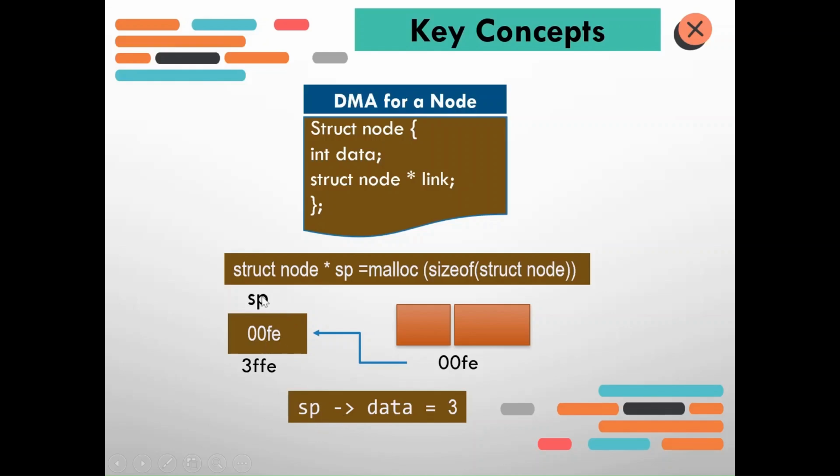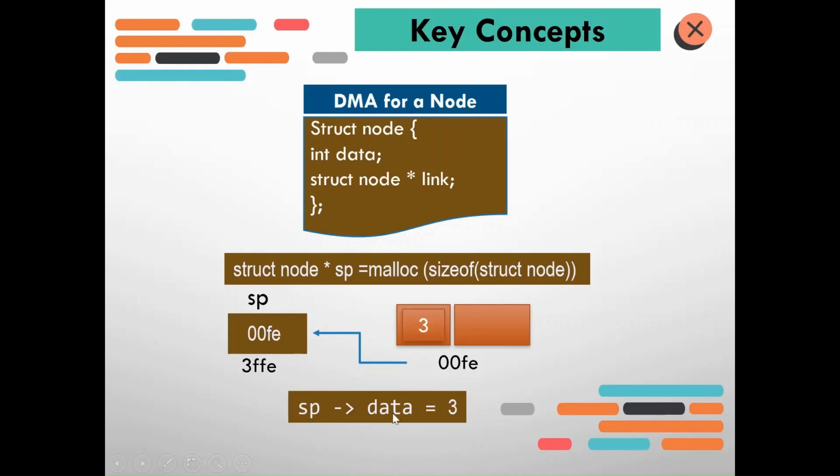Just like when we say A and we store 10 here, then we print A, it prints the contents of that A cell, which would be 10 in this example. Similarly, when I say SP, it means 00FE, the contents stored at that location, right? So this means the data part of SP or 00FE, which would be right here.